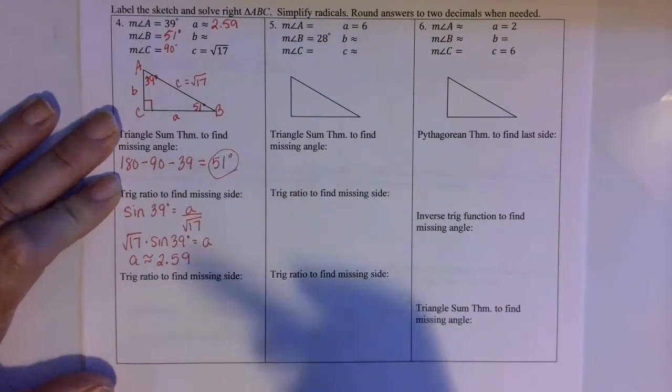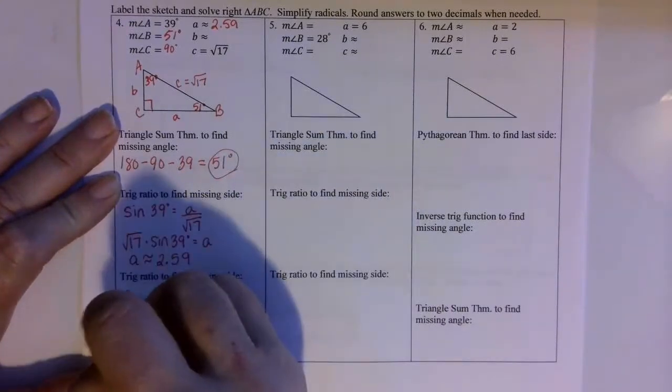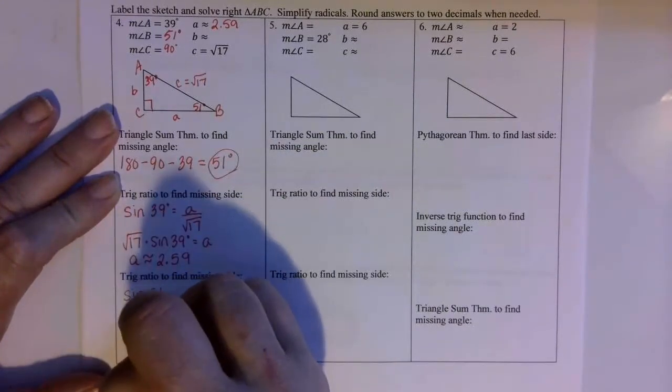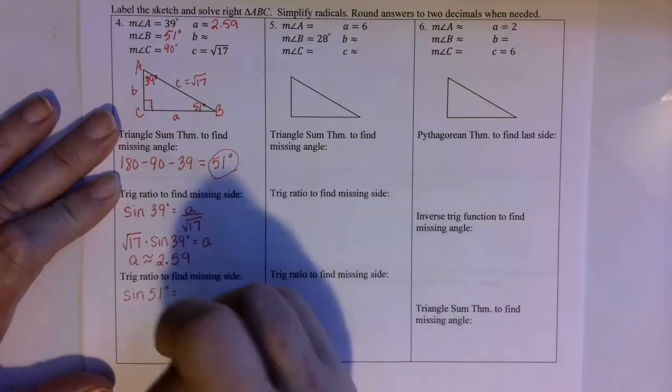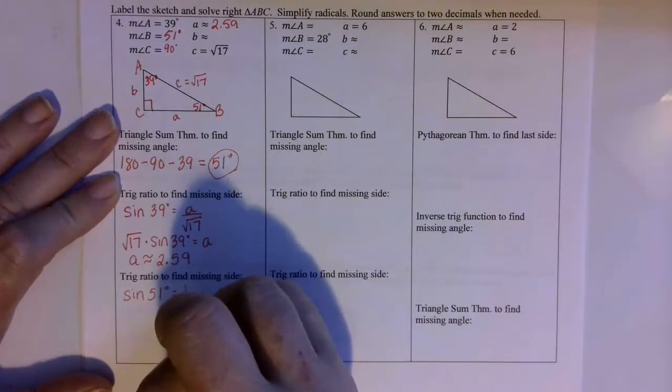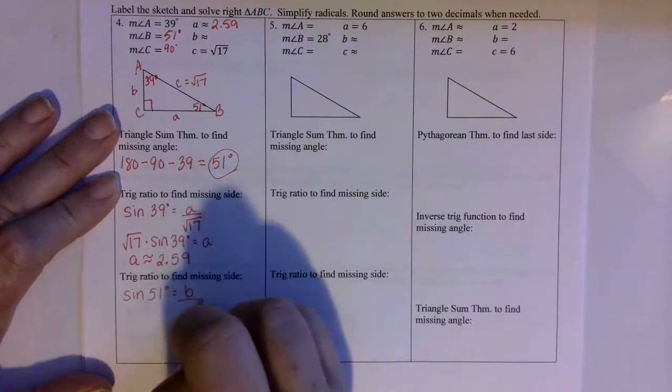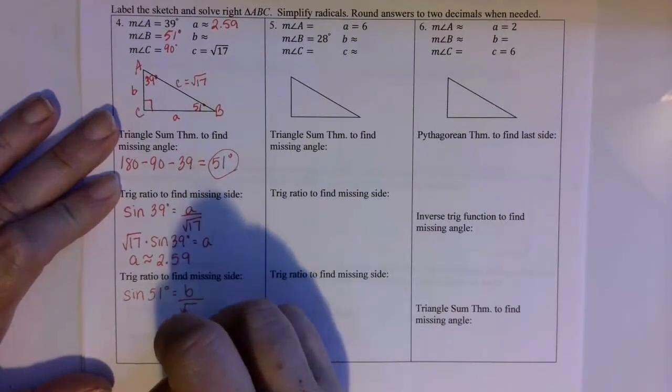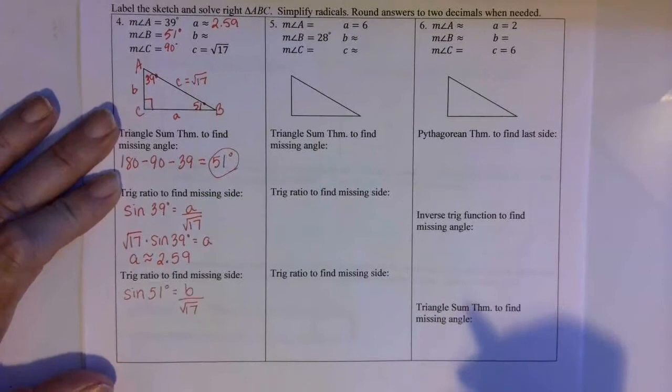Okay, then to find side B, I could either do the cosine of A, or I could do the sine of angle B. So I'll go ahead and do the sine of angle B. So the sine of 51 degrees is equal to the opposite, which is side B, divided by the square root of 17, which is the hypotenuse.